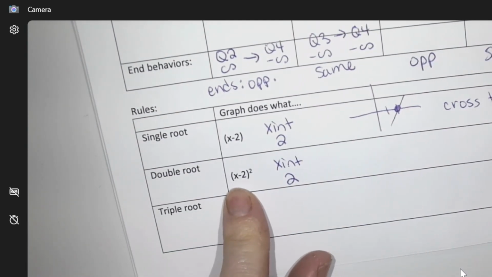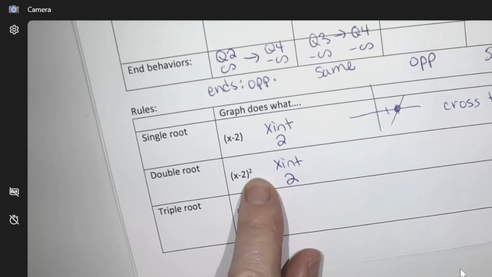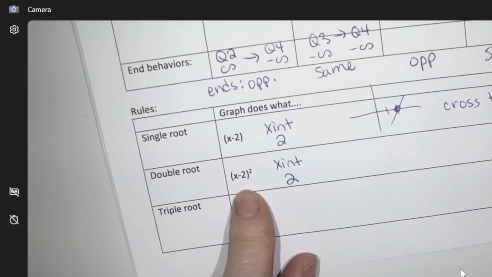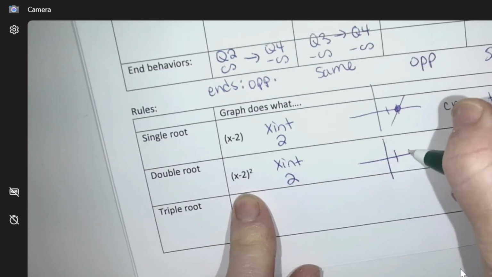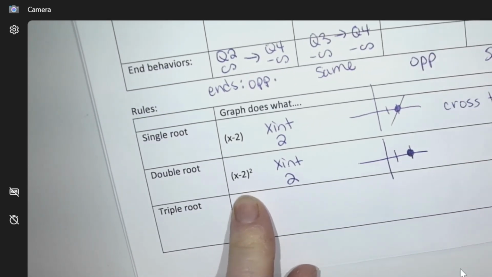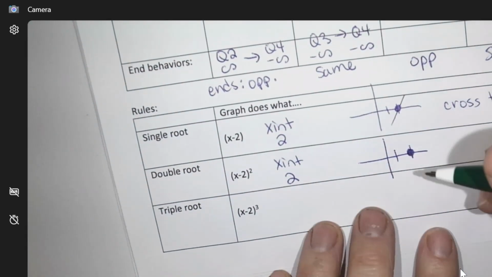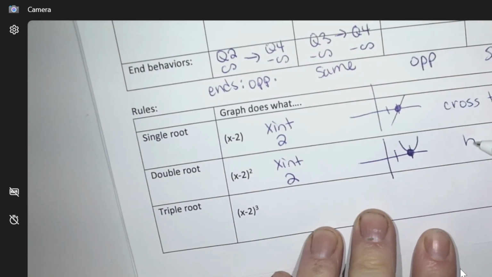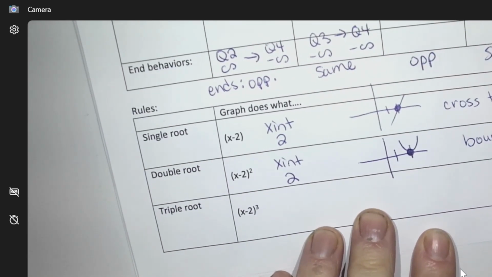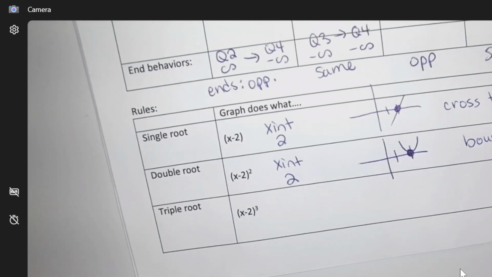Okay, this is a root, but it's squared, so it's doubling. So this time, the x-intercept at 2, it's going to bounce. It's going to bounce at 2.